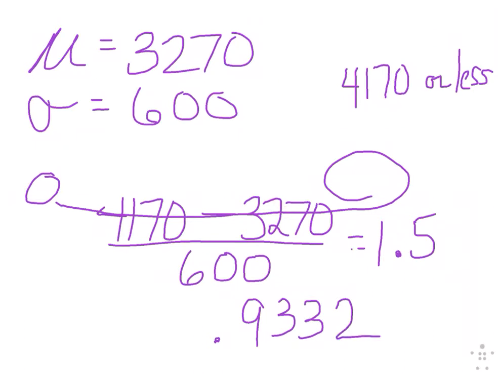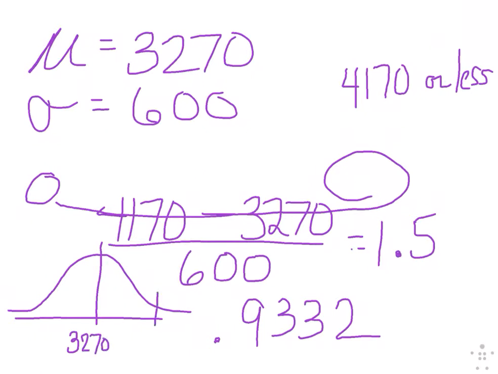Now let me explain what that means. That means that everything from the left side of the data up to that number is 93.32% of the data. If I were to draw the picture that goes along with that, it said it was normally distributed, so I'd have this little curve here. This would be 3,270 in the middle. Somewhere out here would be 4,170.